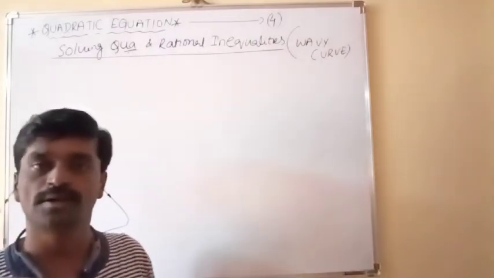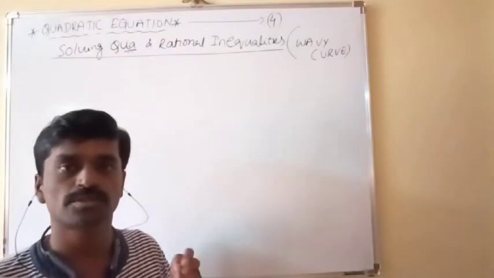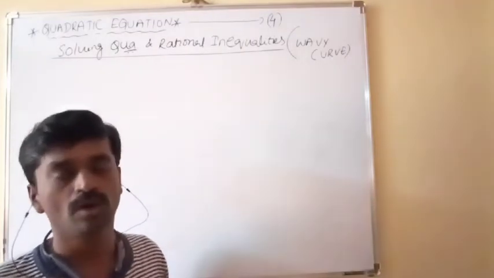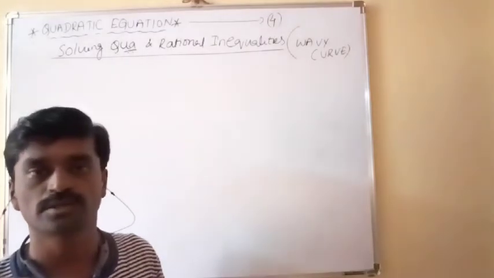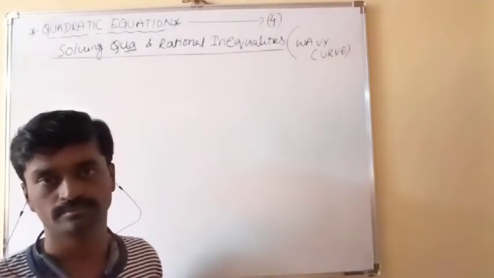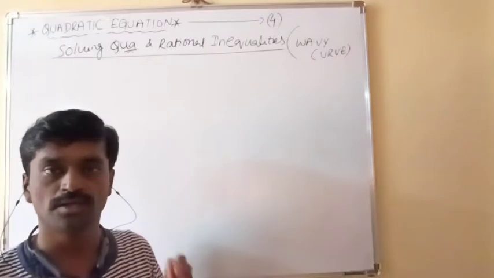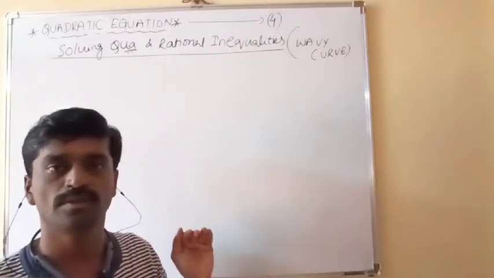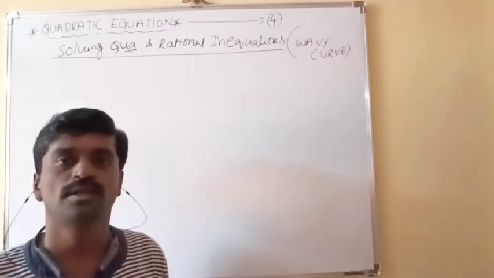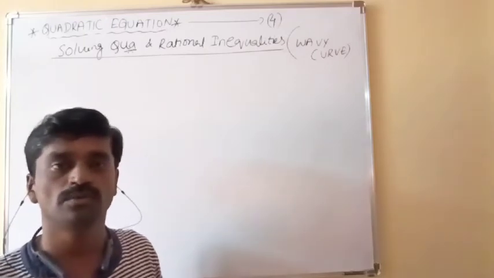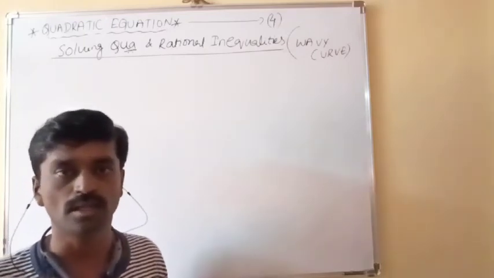That means you identify where that expression is equal to 0, or where that rational function is equal to 0, or where that rational function is not defined. After that, you identify all these numbers on the real line in increasing order. After that, I will explain in the problems how to solve the corresponding inequality.